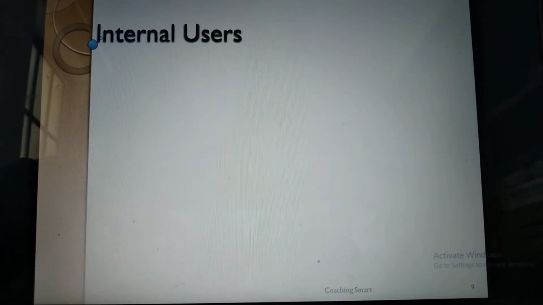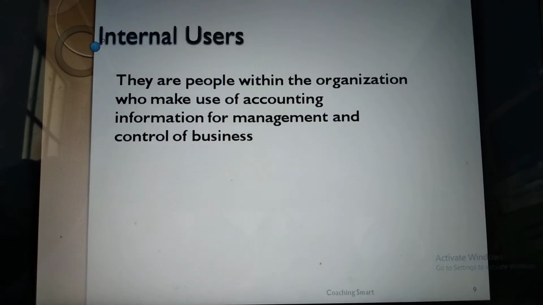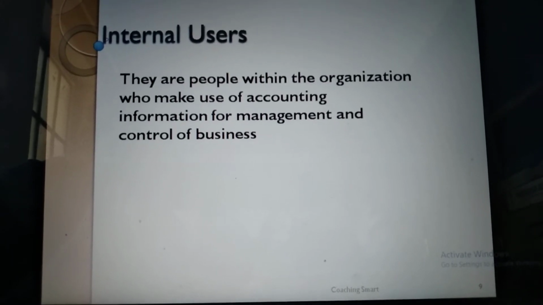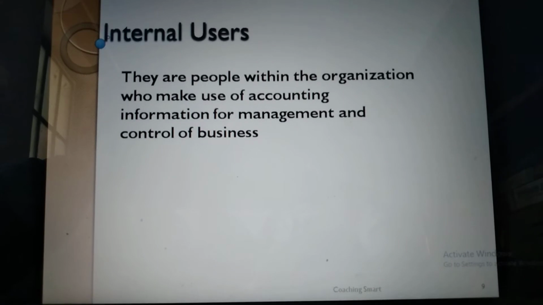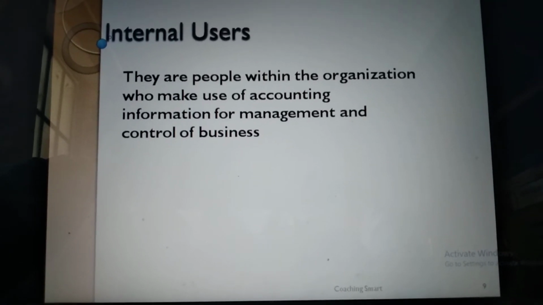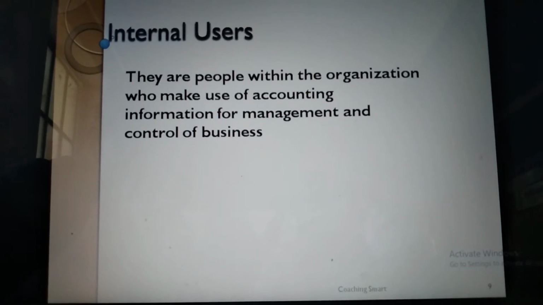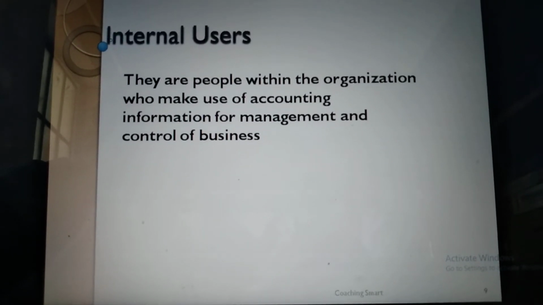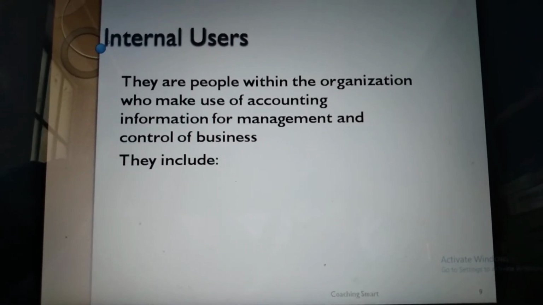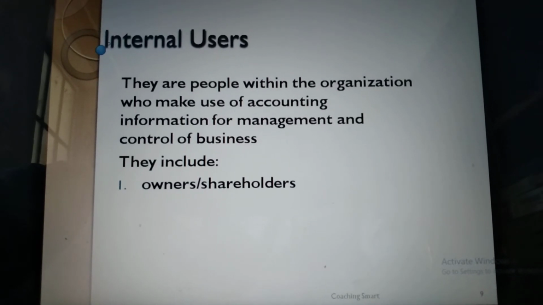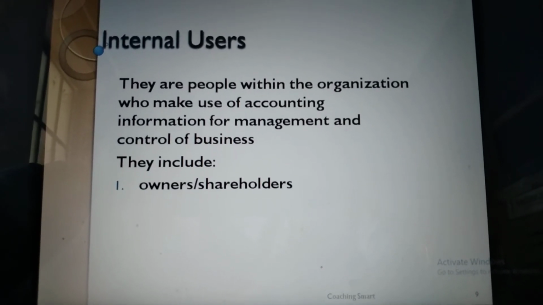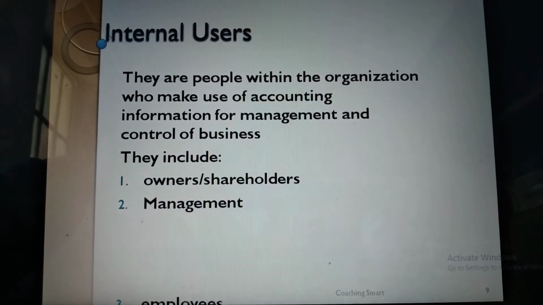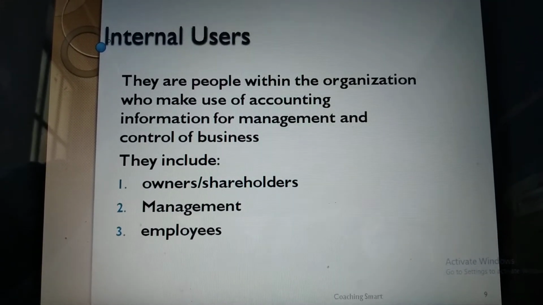Now, these are people who consume information. The internal users are people within the organization who make use of accounting information for management and control of business. That means decision making. Number 1, owners, stock shareholders. 2, management. 3, employees.